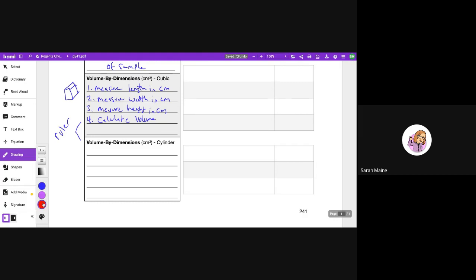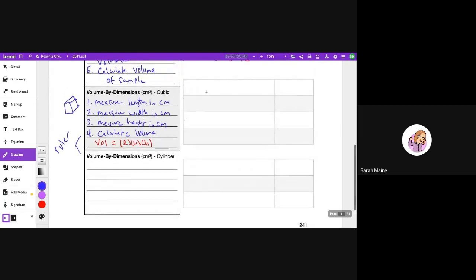So this is a mathematical equation you learned probably a long time ago, but let's write it down here. The calculation of the volume means the volume equals the length times the width times the height. Now you need a data table that is going to reflect the measurements and data you collected.